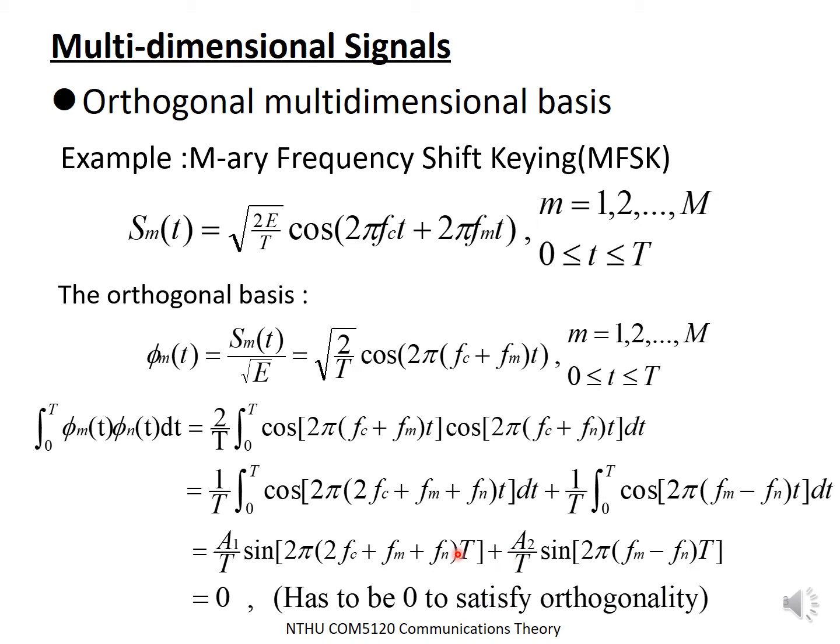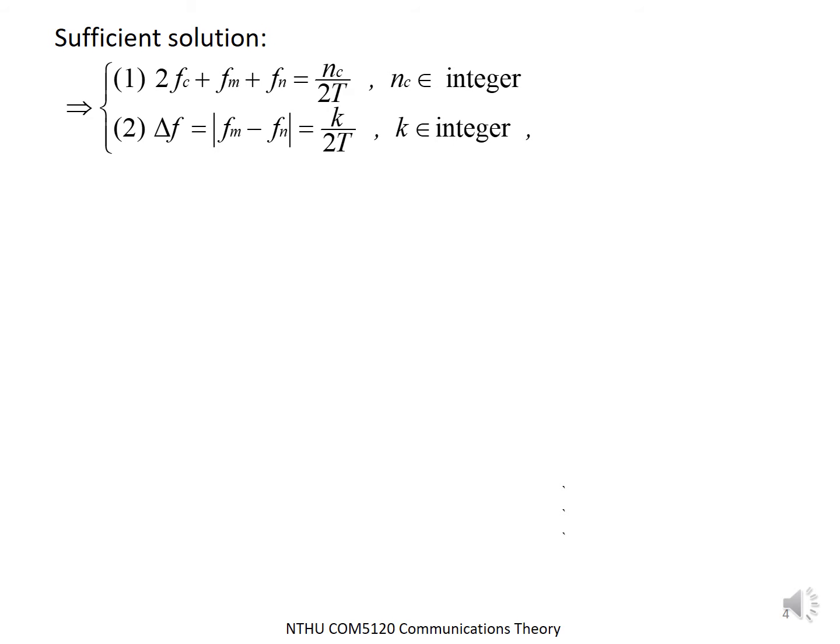So that gives us the following two terms: the argument in the sine function has to be an integer multiple of pi. So the sufficient solution for the orthogonal criterion, we could have these two sufficient solutions.